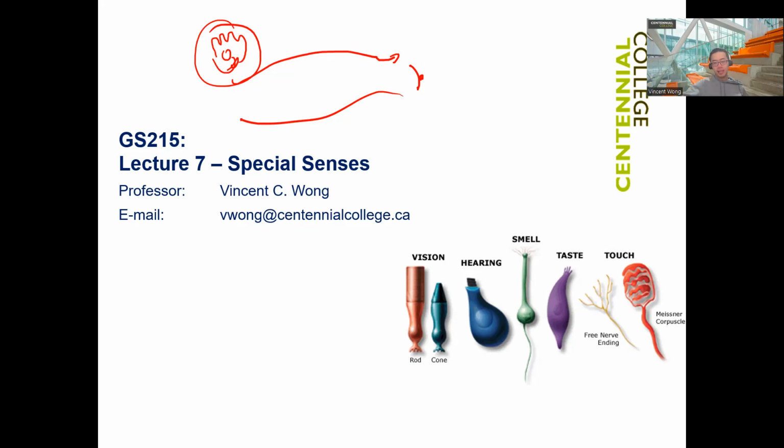And that's what the sensory receptor looks like for different types of senses. We have cone cells and rod cells for vision. We have hair cells for hearing. We have olfactory bulbs for smell. We have taste buds for taste embedded in our tongue, and for touch we have different sensors for different things, for temperature and for pressure, that are embedded within our skin.